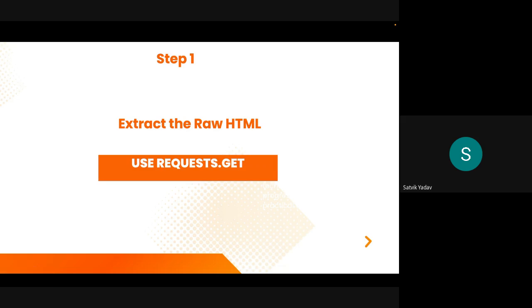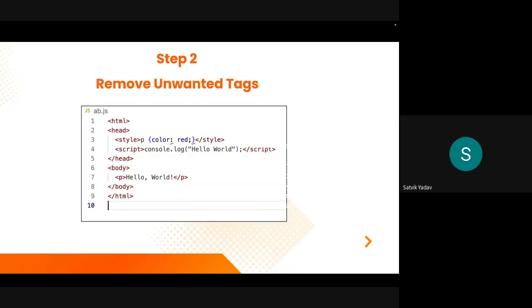It will give you HTML content, right? So you'll get something like this. This is not the full code, but you will have HTML, head, style, and so on. The main content, if you see, is this hello world only. Rest all are unwanted tags, right?